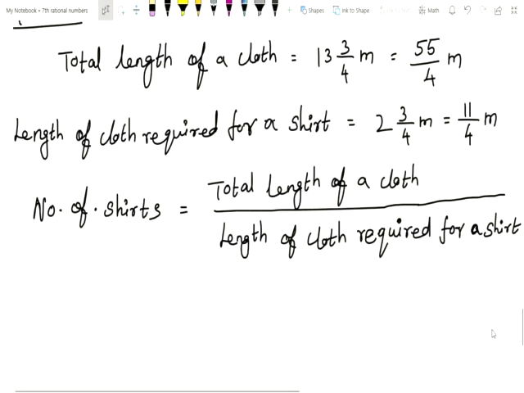Now substitute the values. The total length of your cloth is 55 by 4 divided by 11 by 4.